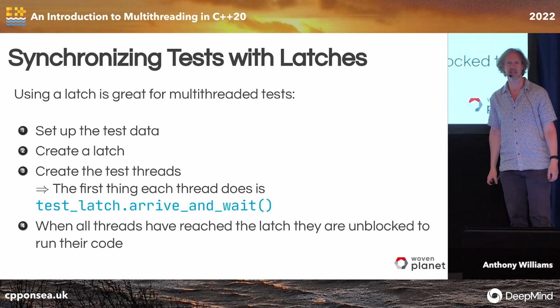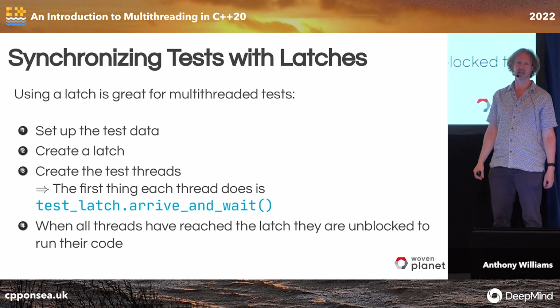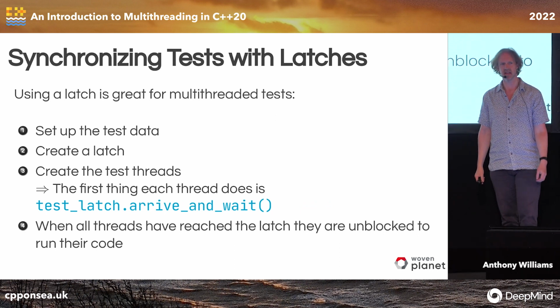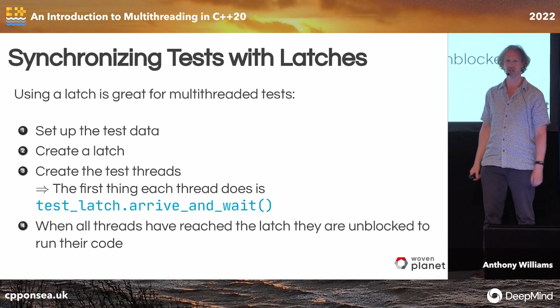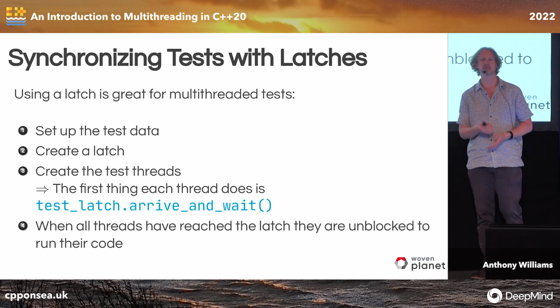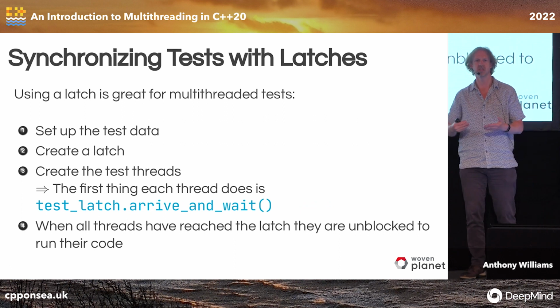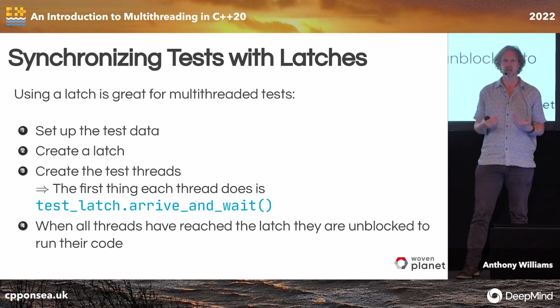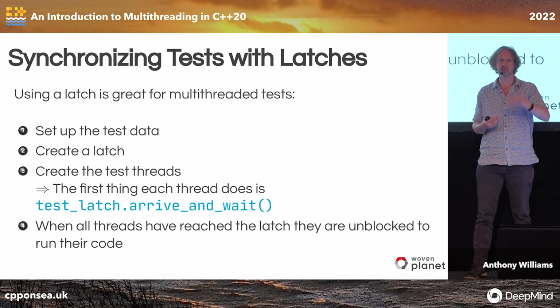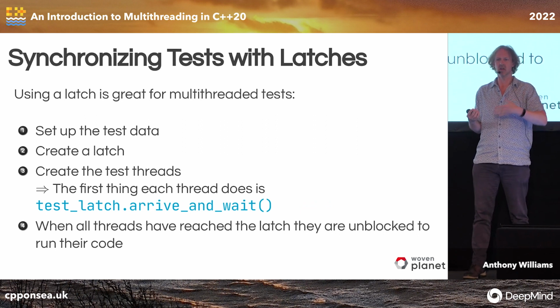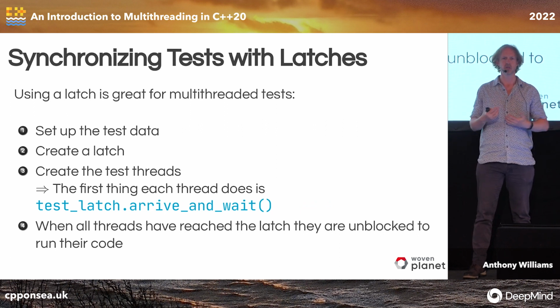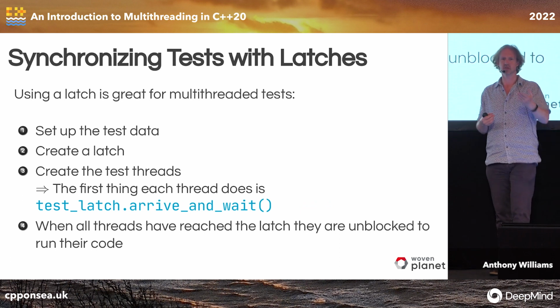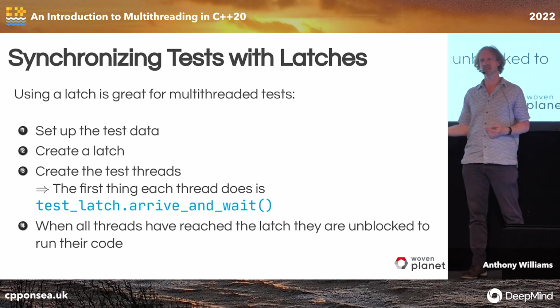If you're writing multi-threaded tests, one of the things that makes it tricky is that starting threads is a big, slow operation. If you want to run a test on multiple threads, and you're trying to have them all running together because you want to check whether the synchronization happens correctly, then if you manually start them one at a time, which you don't really have much choice other than to do, sometimes, if you haven't got any explicit synchronization around the test code, you can find that the first thread that you started has finished before the second thread has even started.